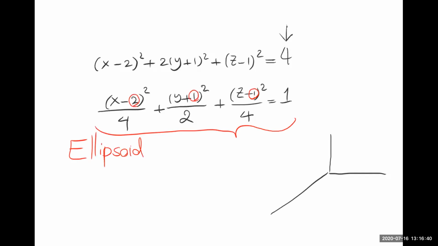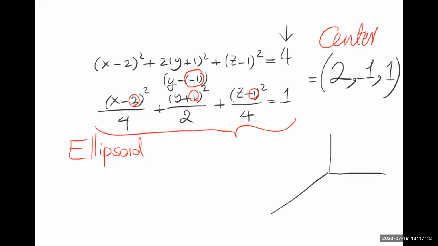So here is x minus 2. So the first coordinate of the center is 2. What is the second coordinate? The second one is y plus 1. Remember, it should be y minus something. Plus 1 is the same as minus 1, right? So the second component of the center is minus 1. And the third component is 1 because it's z minus 1 squared. So this is the center.